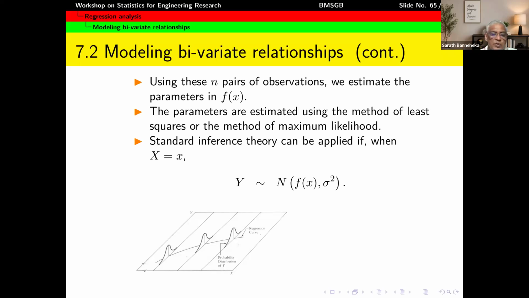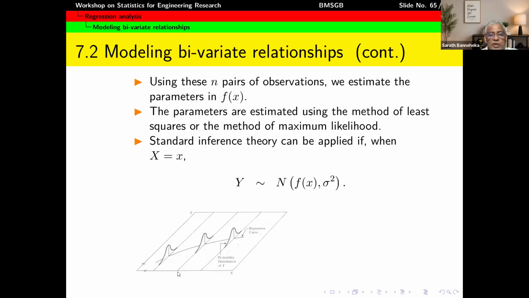For example, if you consider this three-dimensional picture here, suppose this is x and these are the y values. For a given x, we think that the possible values of y are distributed as a normal distribution with mean equal to this value here, f(x). If this is x here, this value will be f(x) because this function is f. And the variance is some value sigma squared.